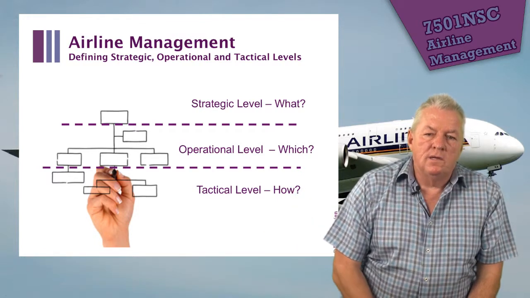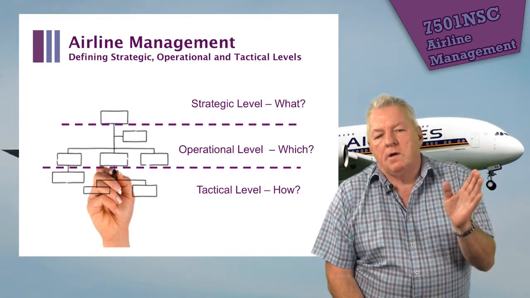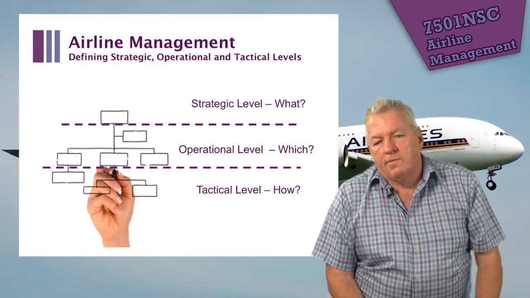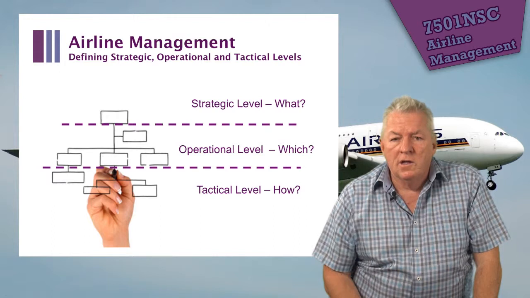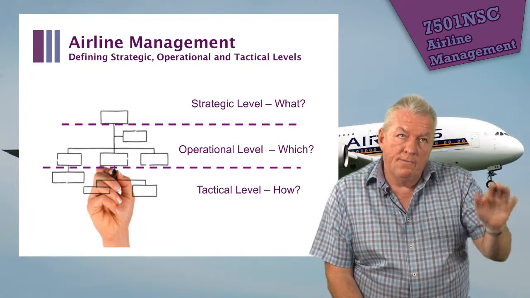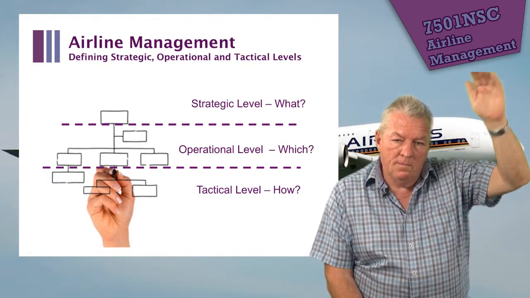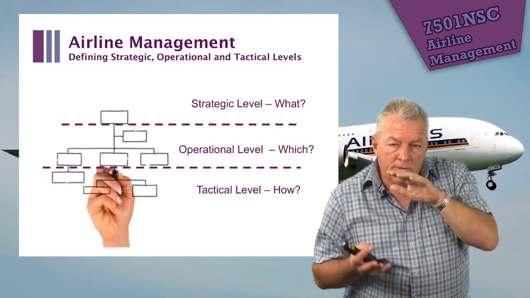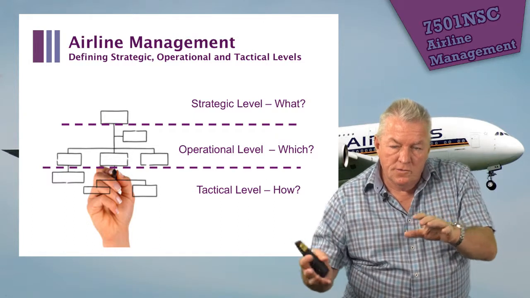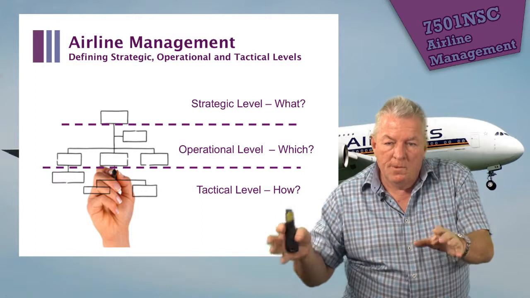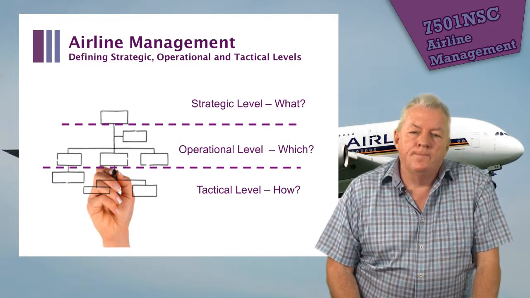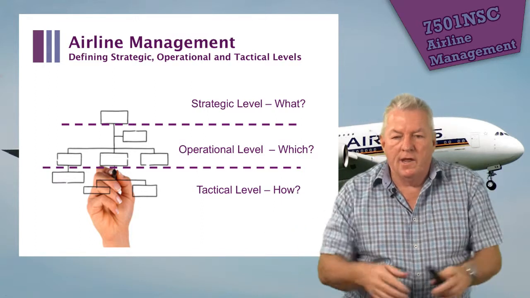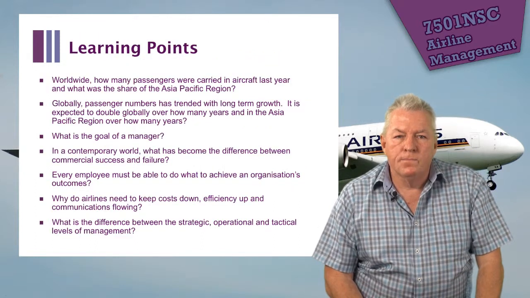So it's quite easy to transcribe your thoughts, often from the wiring diagram of the organisation, to those levels. The strategic level, up here, where we're going in the long term, the operational level, the things that we're doing short term to medium term to implement that long-term direction. And the tactical level is doing the day-to-day things to make it happen.